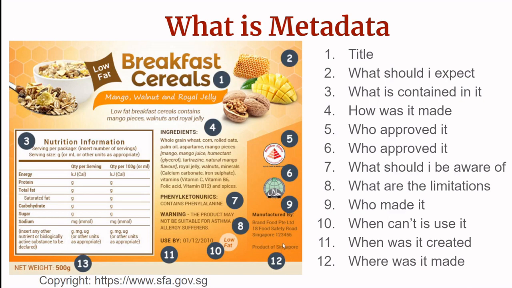This information is very valuable to many of us. That's why we would take the product that has a label over the product that has no label, even if the unlabeled product is much cheaper, because we have no idea what is contained in the one that doesn't have a label.